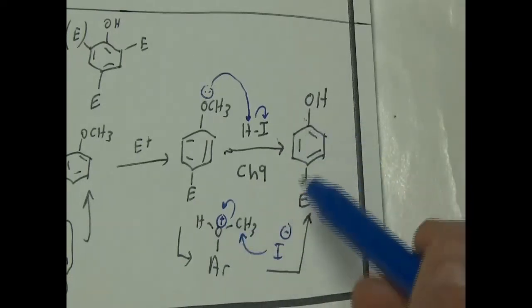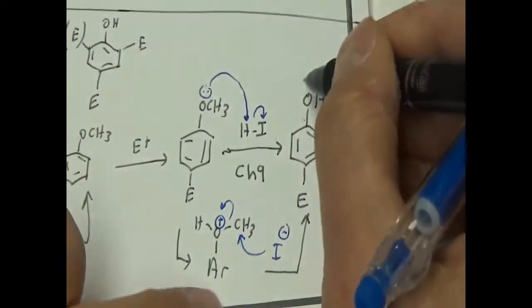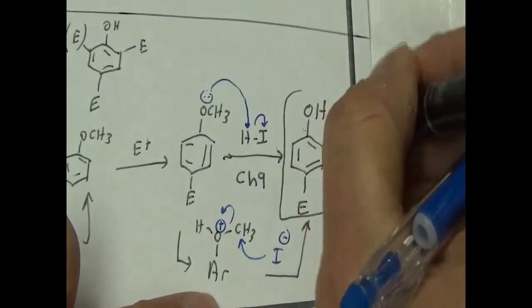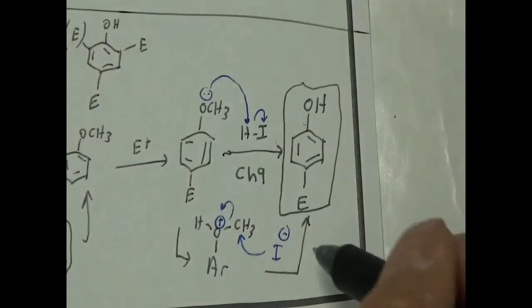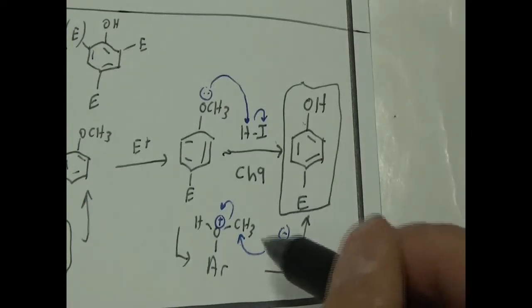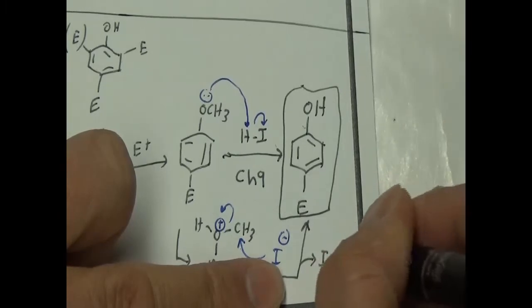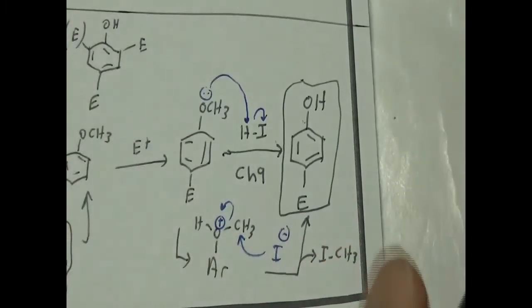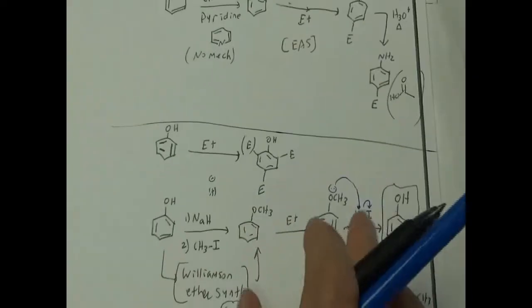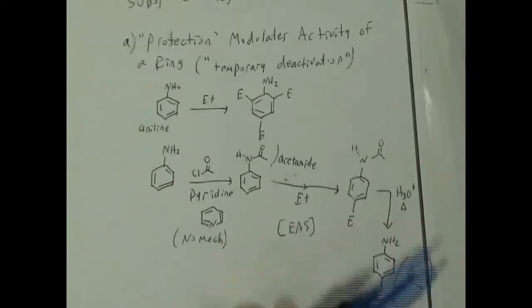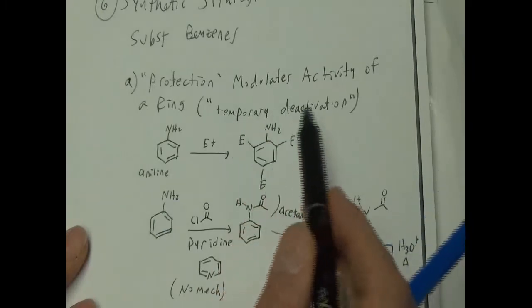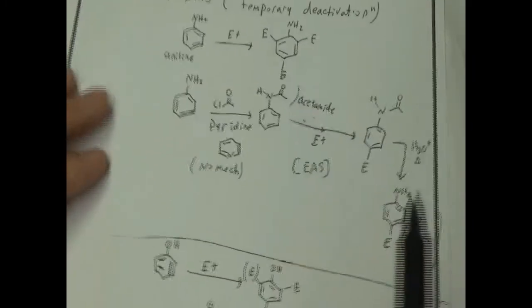It is the leaving group, but nevertheless, that's the product. Of course, what's your other material that you make? Methyl iodide, or iodomethane, ICH3. Okay, cool. So yeah, this is another strategy, and the name of the strategy is temporary deactivation. Okay, cool.